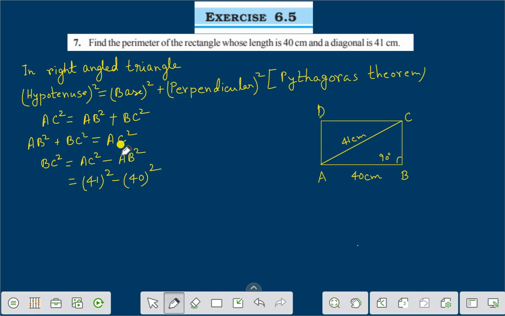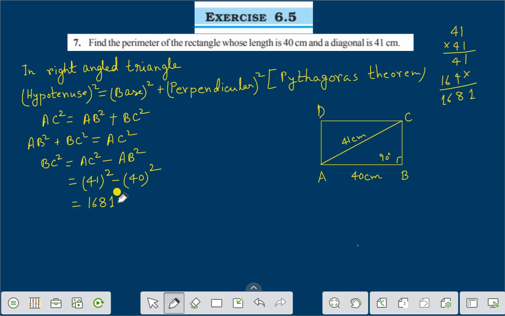AC is 41, so we multiply 41 with 41: 1 times 1 is 1, 4 times 1 is 4, 4 times 1 is 4, and 4 times 4 is 16, that is 1, 4 plus 4 is 8, 6, 1, 1681, that comes to 1681.